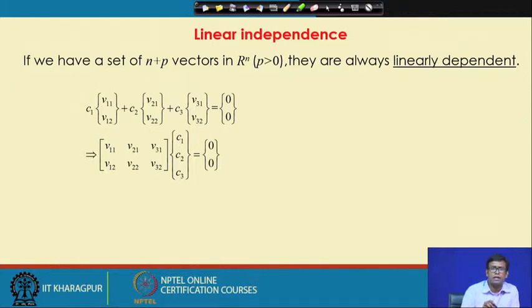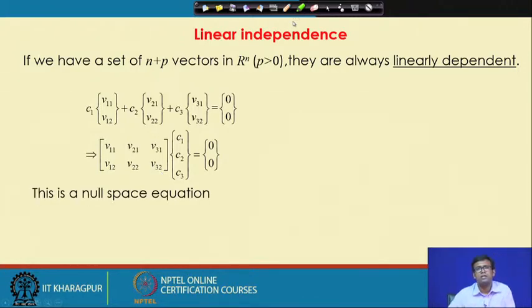So, if we write the equation C1 into the first vector plus C2 into the second vector plus C3 into the third vector is 0 0, and when we write this in matrix form, this is nothing but a null space equation of the matrix V, where the number of columns is greater than the number of rows.